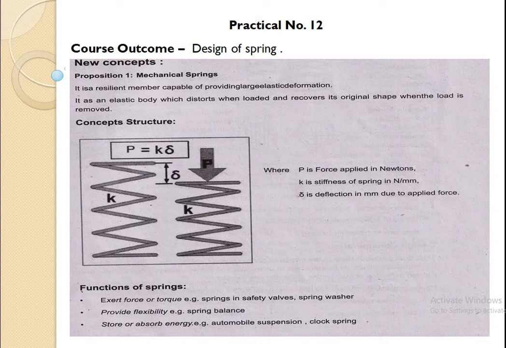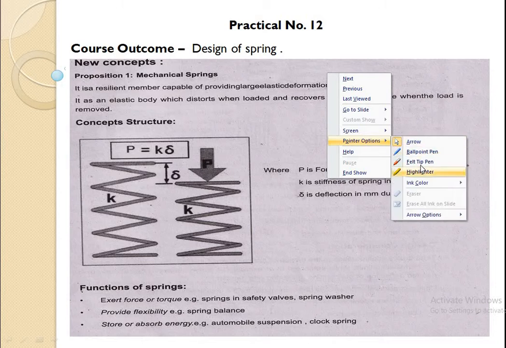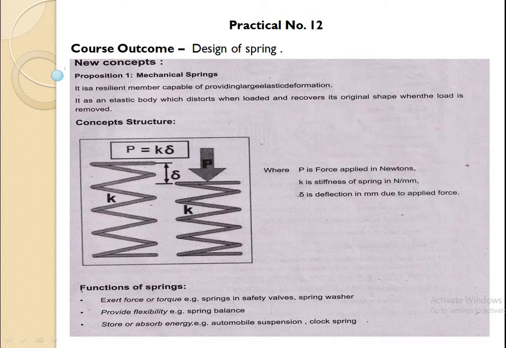Means after completion of this practical, the student should be able to understand the different functions of springs, what are the different ends of springs, how the springs are designed, what are the stresses that are considered while designing a particular spring.